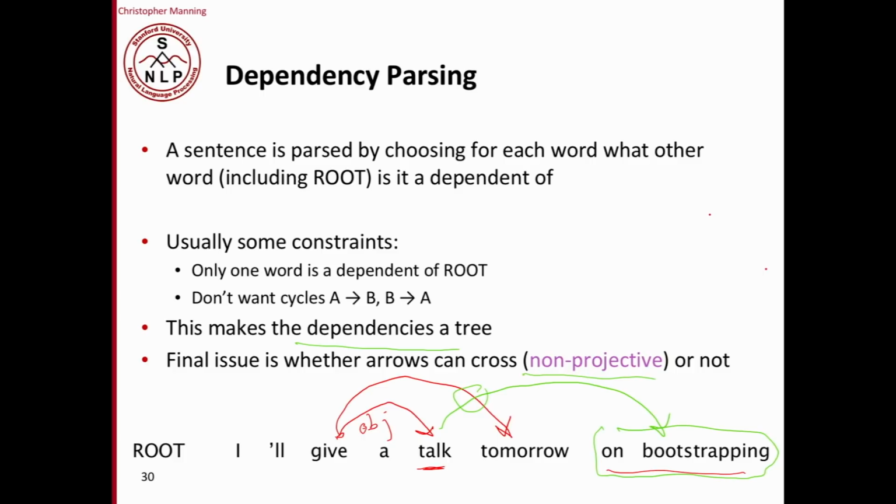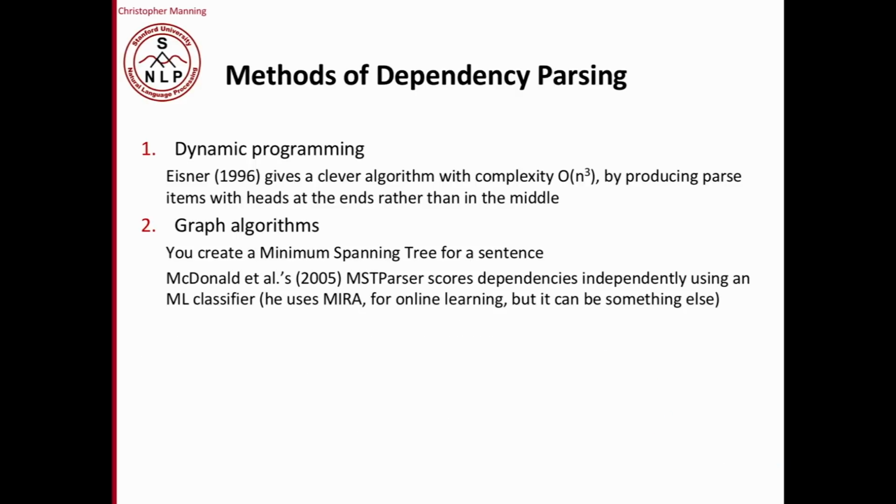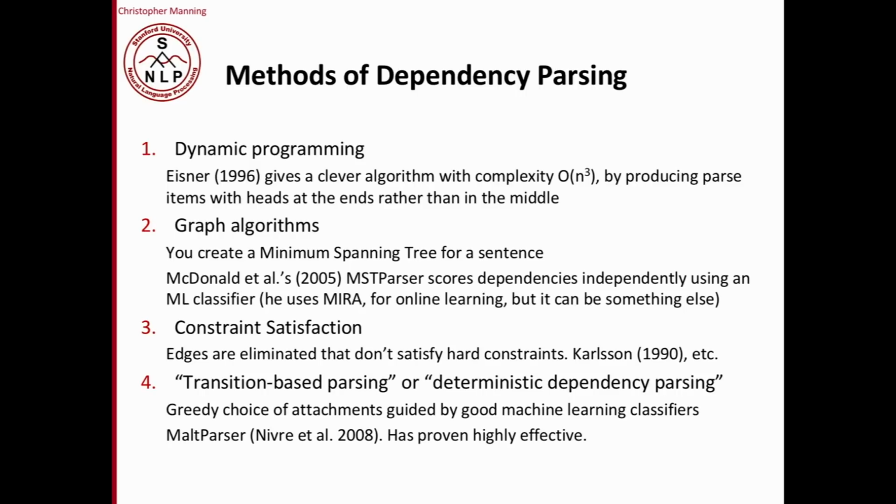Okay, so that's that. There are various ways of doing dependency parsing, but basically what I'm going to tell you about today is one called transition-based or deterministic dependency parsing, and this one has been enormously influential in practical deployments of parsing. When Google goes off and parses every web page, what they're using is a transition-based parser.